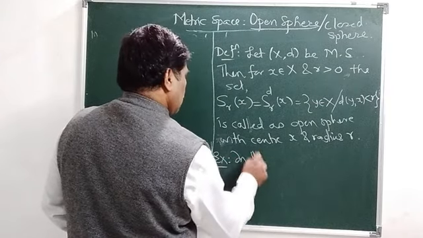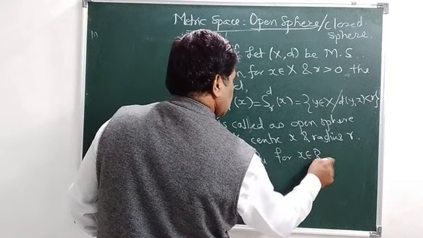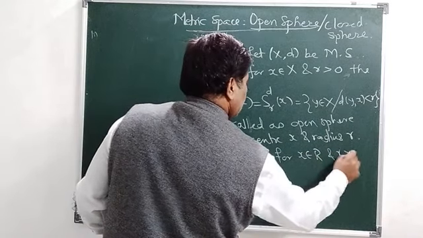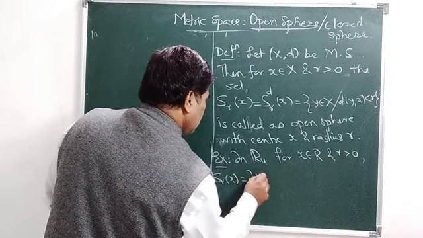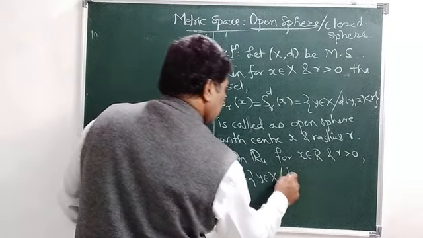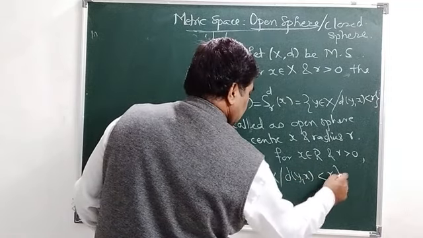So, example: in R with the usual metric, for x belonging to R and r greater than 0, what is S_r(x)? It is the set of y belonging to X such that d(y, x) is less than r.